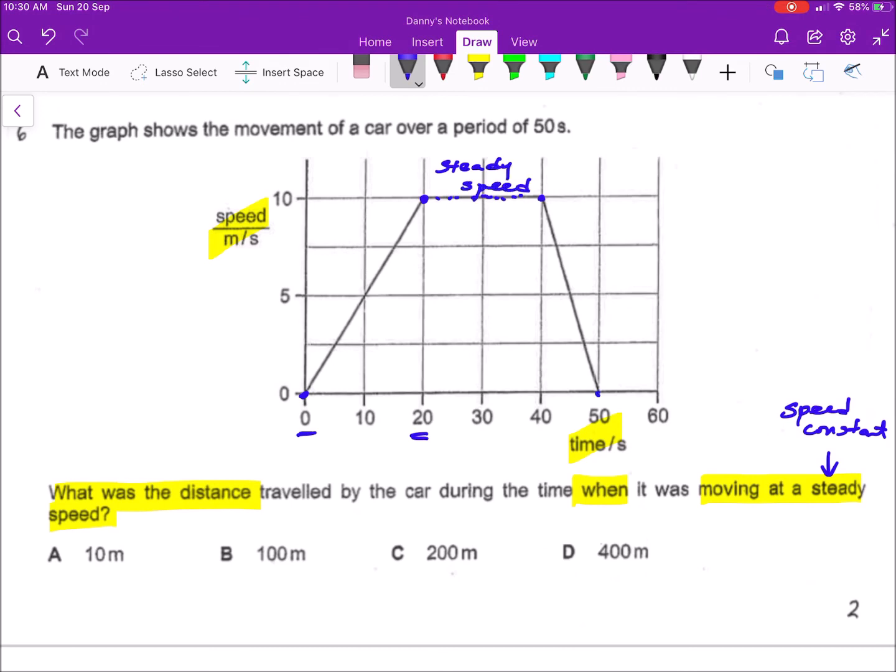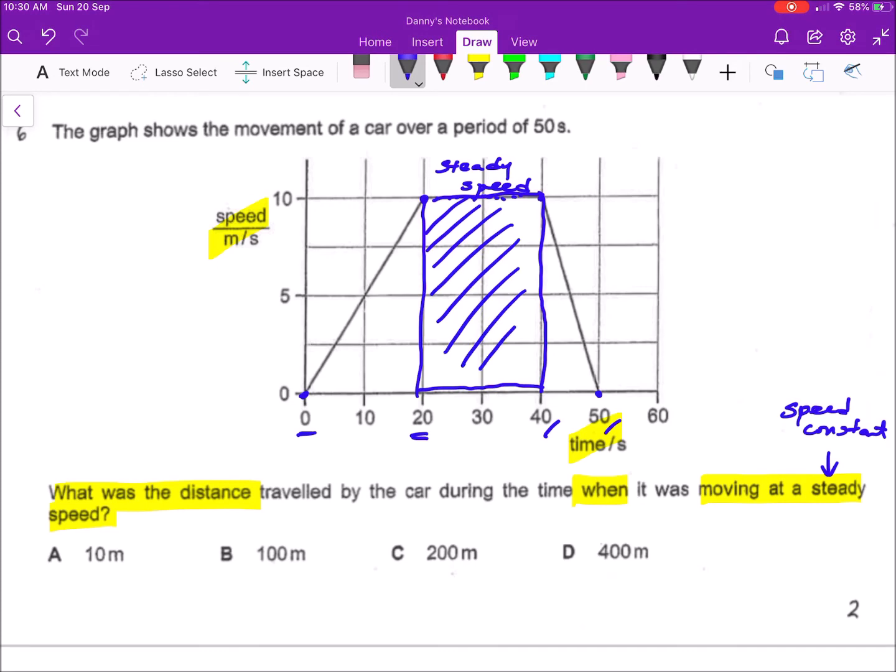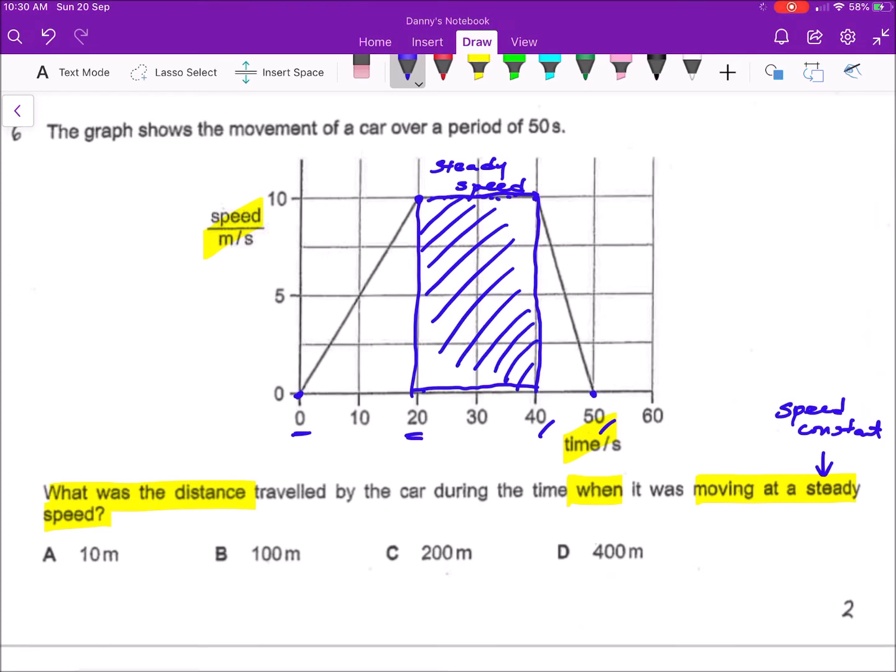From 40 to 50, you can see that the speed is dropping, so again we are not referring to this region. In question 6, they are only interested in the distance when the object is traveling at steady speed, meaning I am only interested in this rectangle. The base will be 20 and the height will be 10. So you will get the answer as C, 200.